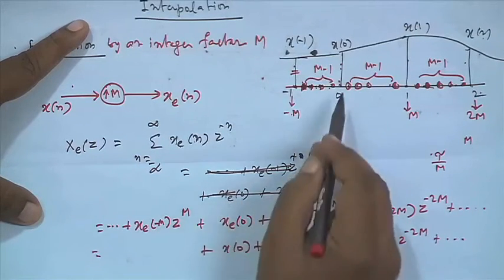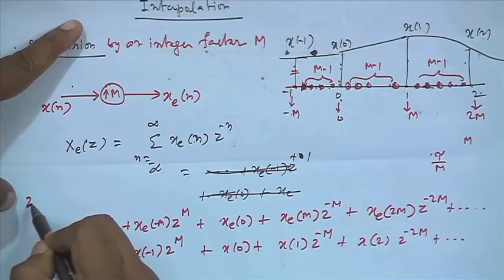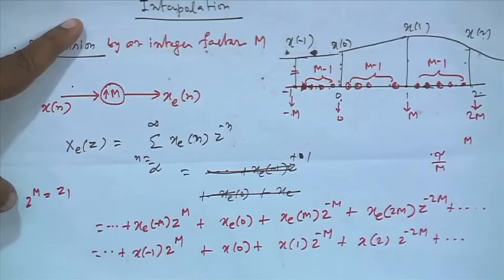What is X_E minus m? Original X minus 1. Okay. Now, Z is a complex number. So, Z to the power m is another complex number, you can call it Z1.